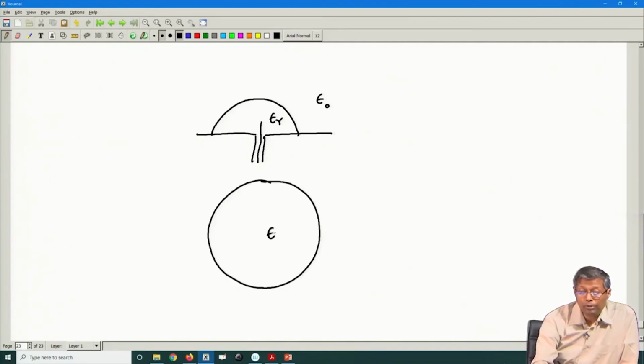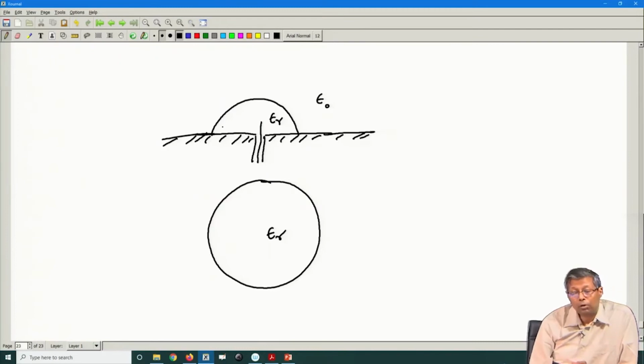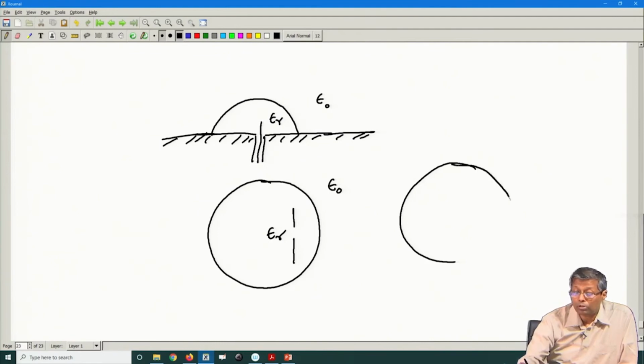By image theory we replace the ground plane. So, this is my ground plane, which is theoretically infinite in extent. By image theory we replace the ground plane. Then we have the probe, and this is epsilon 0. Now, when we are dealing with the source free resonance, we consider only this sphere. So, this is epsilon r, this is epsilon naught.